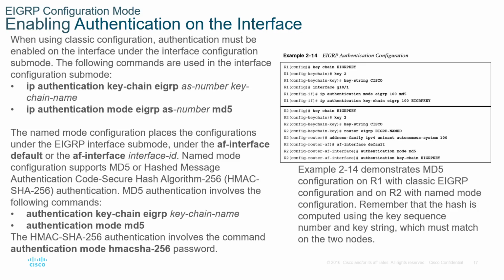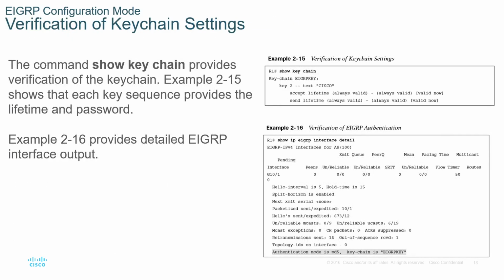And then authentication mode MD5, authentication keychain, and then the name. So there's a couple more steps to take, but then when you get into the actual authentication, there's less for you to type in, because it knows precisely which protocol and autonomous system number. So pluses and minuses for each way.